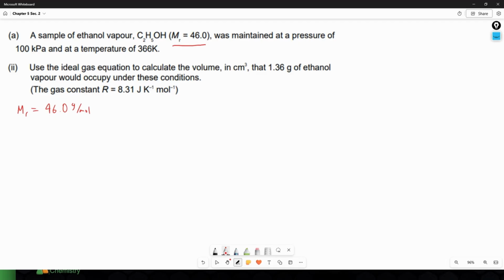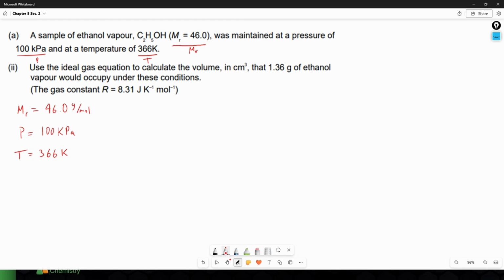It was maintained at a pressure of 100 kilopascals, so they give us the pressure as well, which is 100 kilopascals. And a temperature of 366 Kelvin. So this is pressure, this is temperature, this is Mr. We don't even need to convert the temperature, it's already in Kelvin, that's wonderful.